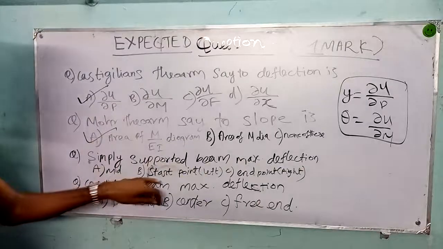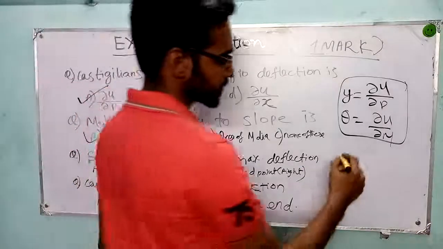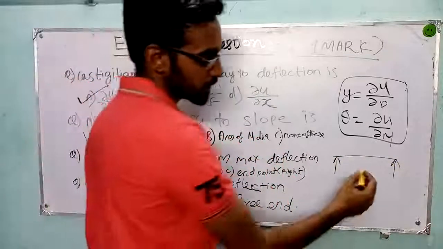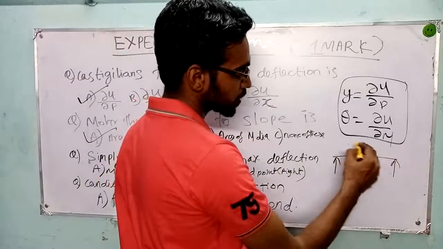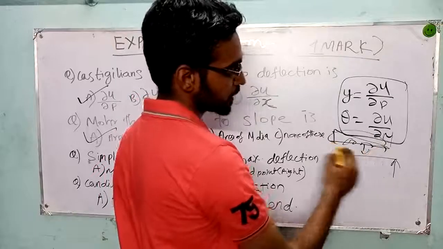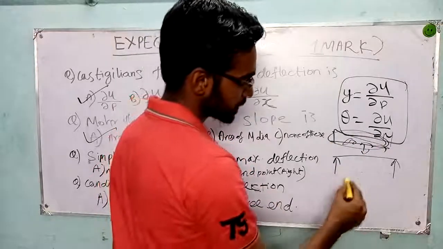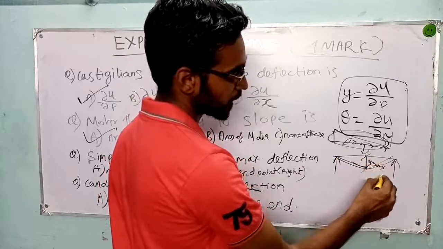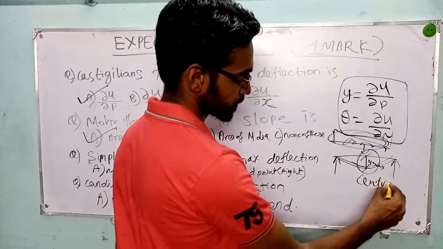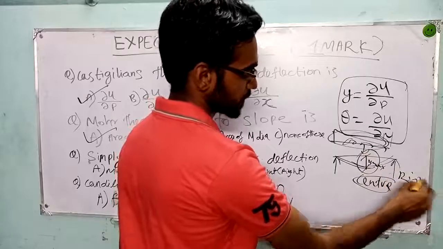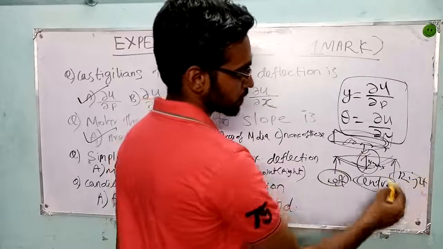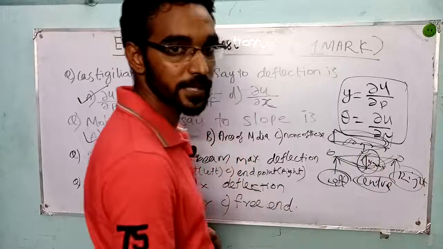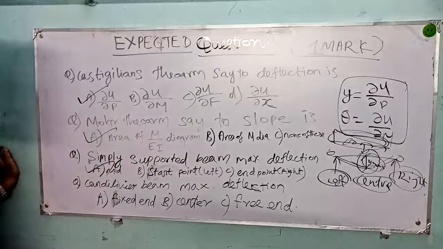For any simply supported beam, with a point load, uniformly distributed load or uniformly varying load, any load acting, the maximum deflection appears at the center only. Not at the right or left ends, where the deflection is 0. The maximum deflection occurs at the midpoint only.